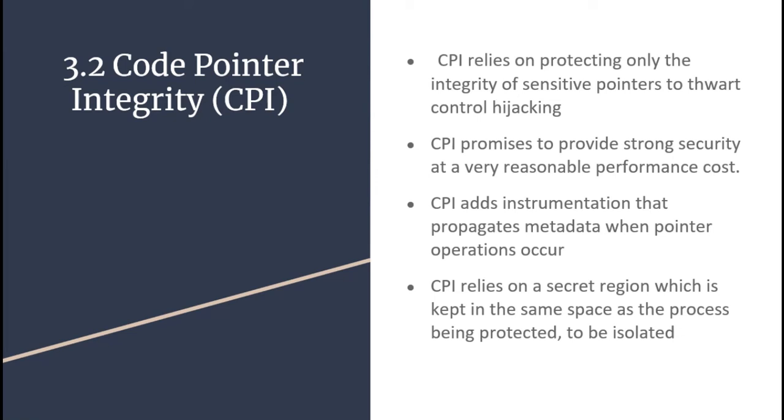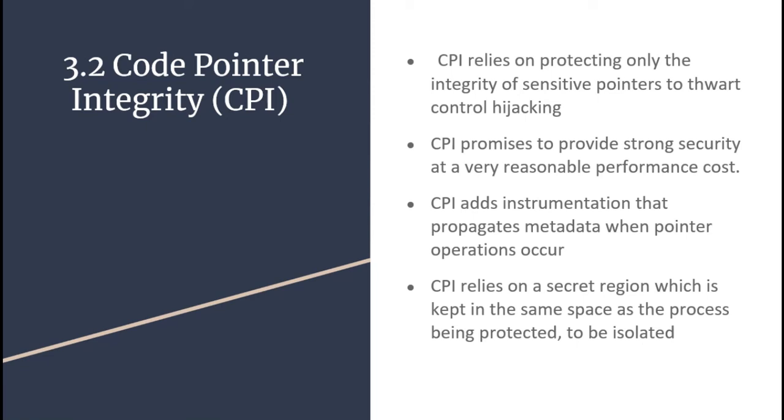Additionally, CPI adds instrumentation that propagates metadata when pointer operations occur. CPI relies on a secret region, which is kept in the same address space as the process being protected, to be isolated. It assumes it must be leak-proof and cannot be disclosed.